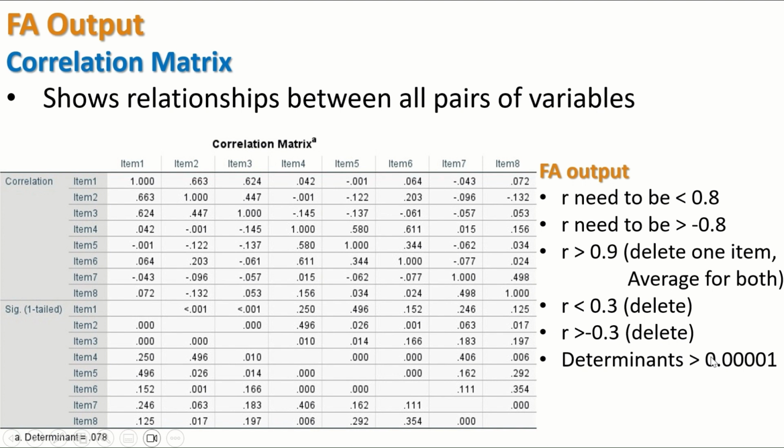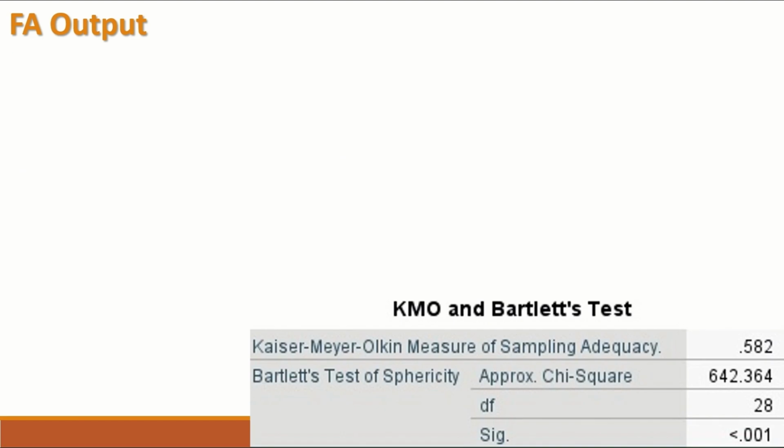So these are the essential observations and interpretations of the correlation matrix to consider when looking at correlation between items: the correlation coefficient, the p-value and the determinant. Moving to the next slide.